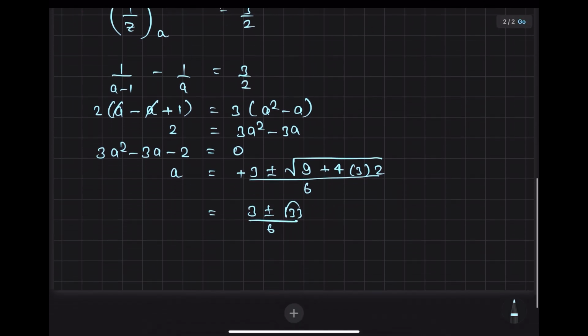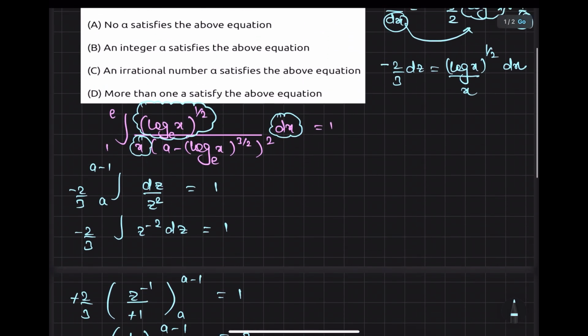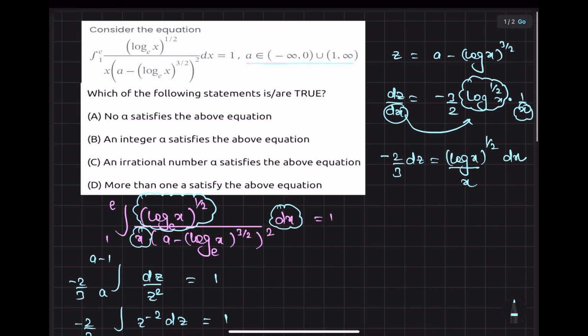So we got a equals (3 plus root 33) by 6, or (3 minus root 33) by 6. So let's observe the range of a. A is a negative number or greater than 1.